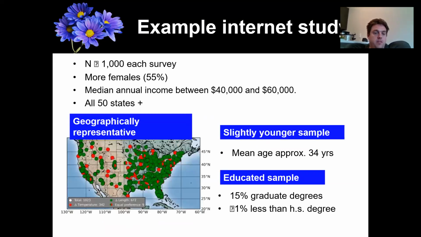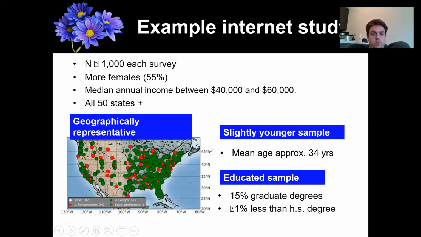Just to give you a more specific example, this was actually a study by a professor here at CSU who shared this with me. They did an internet study, and they had like 1,000 people per each survey, and they had all 50 states.